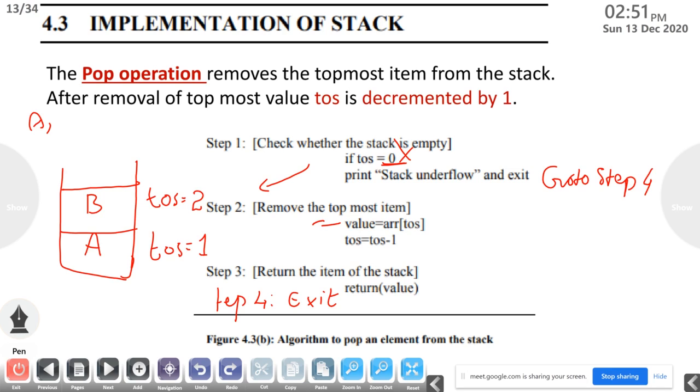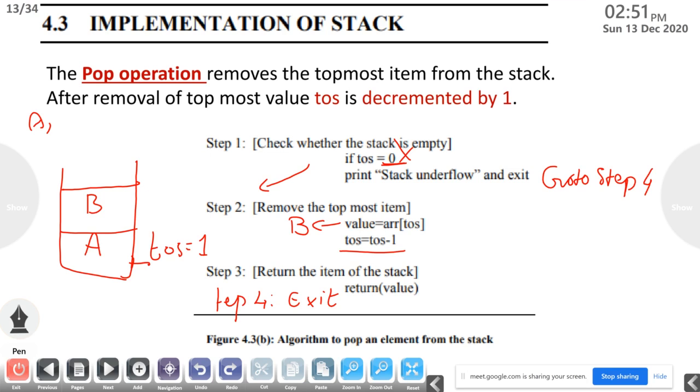TOS equal to TOS minus 1. Now the value of TOS equal to 2, and after this statement the value of TOS becomes 1. So the pointer is pointing to this location. TOS equal to TOS minus 1.